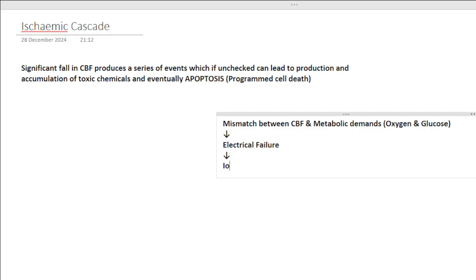If it continues, if regional cerebral blood flow is reduced, then it will go for ionic pump failure. Clear?